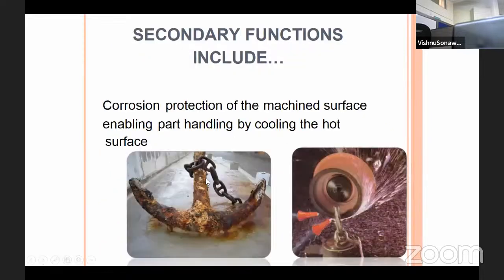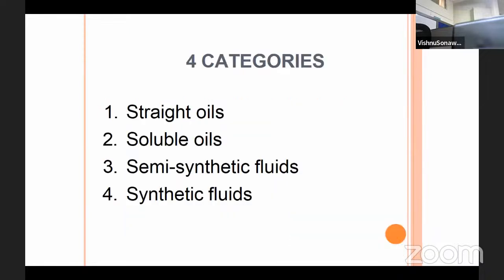If we are not giving cutting fluids or not lubricating, the part will rust and corrode. This is one example I have shown. And next, what type of lubricating oil or coolants will be applied? There are 4 types of cutting fluids required for high-speed machining.